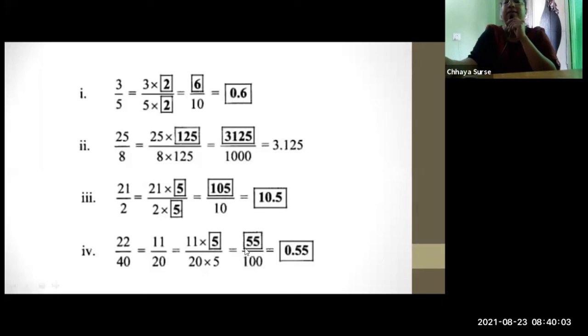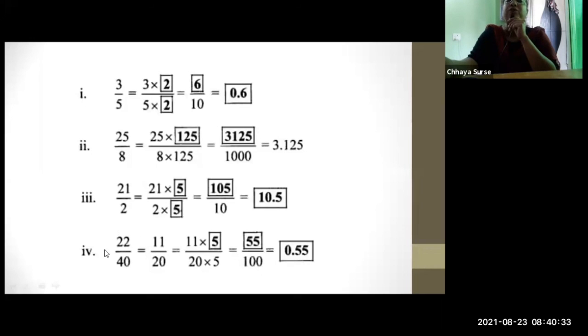Clear? The power of 10 is necessary to convert into decimal. 22 upon 40, can you convert into a decimal point? You can't, because the power of 10 is necessary to convert into a decimal fraction. This fraction we want to convert into a power of 10, then you can convert into a decimal fraction.